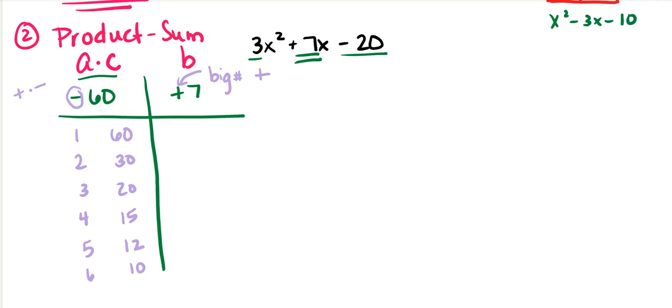So big number is positive. That means the little number in every pair has to be negative, and I'm looking to add up to positive 7. So right here, negative 5 plus 12 is 7.